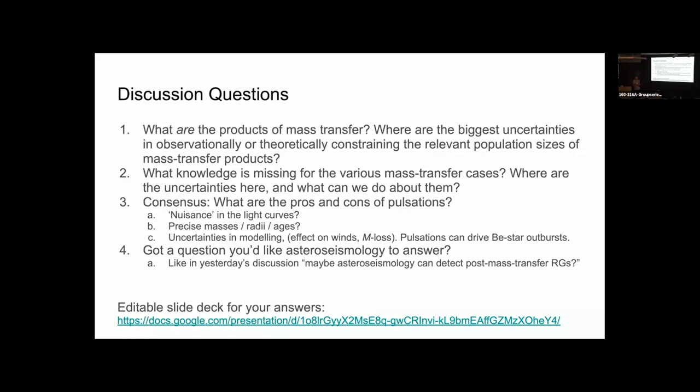My second question is about delta Scuti pulsators and AF type stars. I'm wondering about selection effects there. Is it true that everything in the delta Scuti instability strip is pulsating? Or is it actually true that if you have had mass transfer and have helium enrichment, or you've spun up the stars, that's actually exciting pulsations, and so you might have some selection bias there?